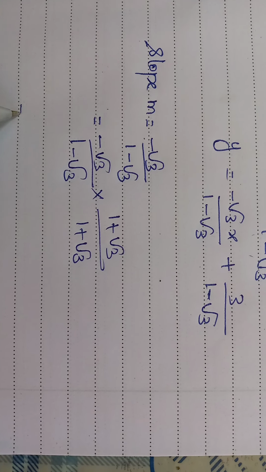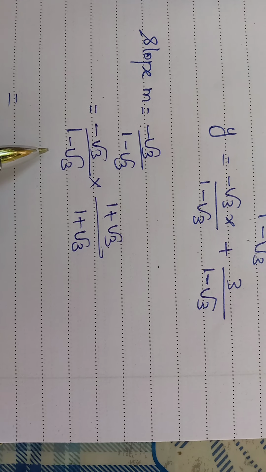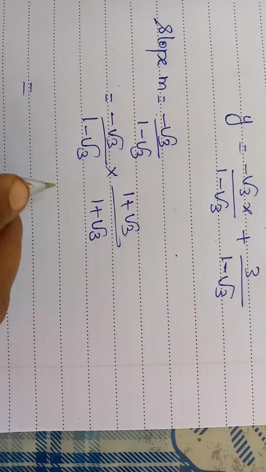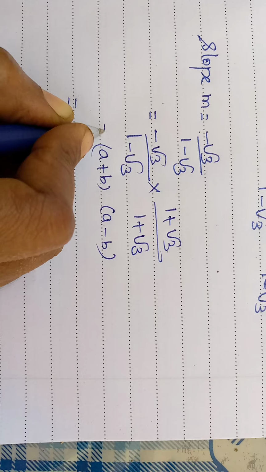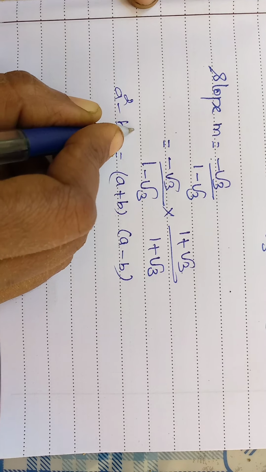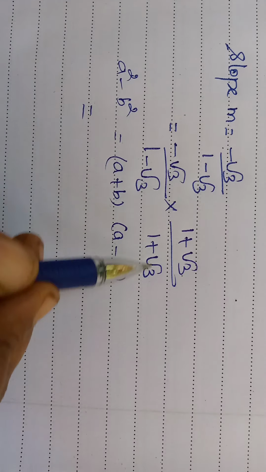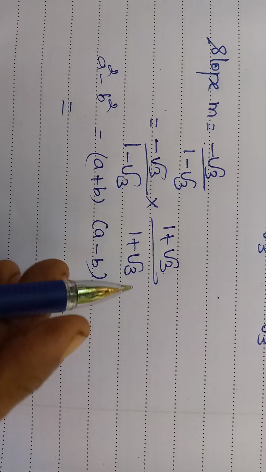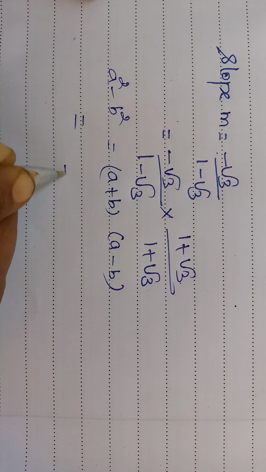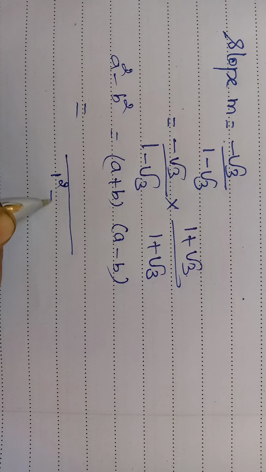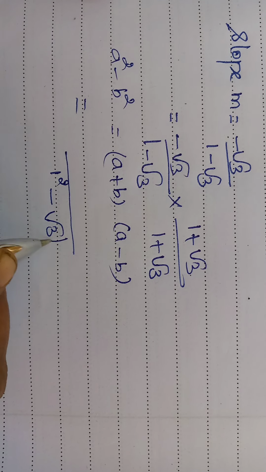Now this is equal to minus root 3 into 1 plus root 3 by the denominator, which is in a plus b into a minus b form. What is a plus b into a minus b? A square minus b square. So 1 minus root 3 into 1 plus root 3 is 1 square minus b square, and in place of b we have root 3, so root 3 the whole square.